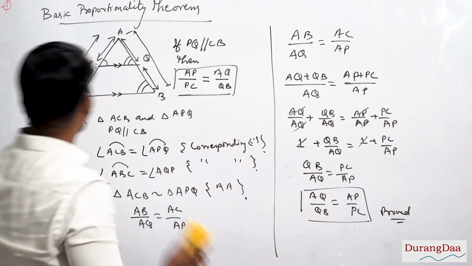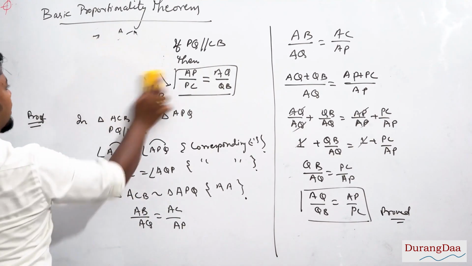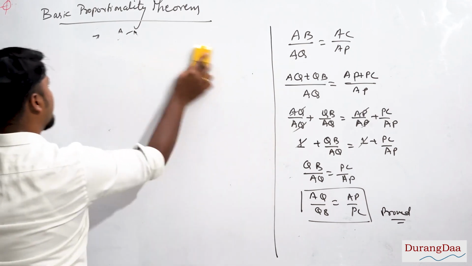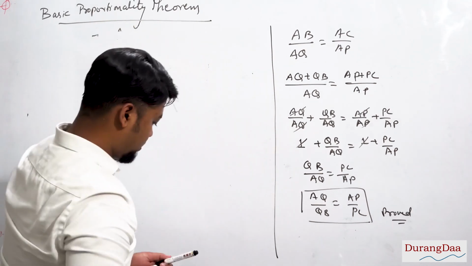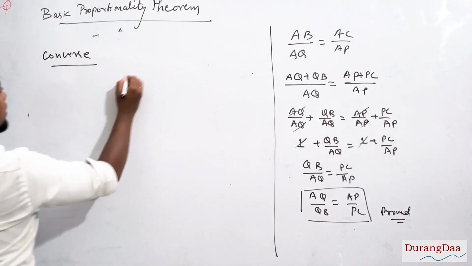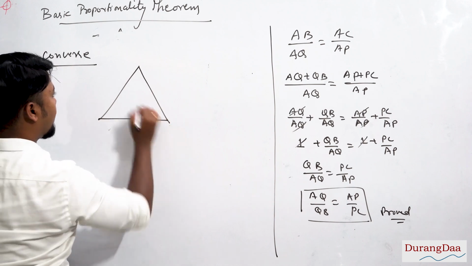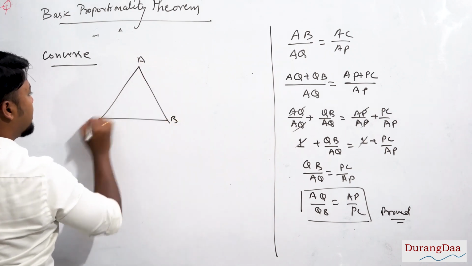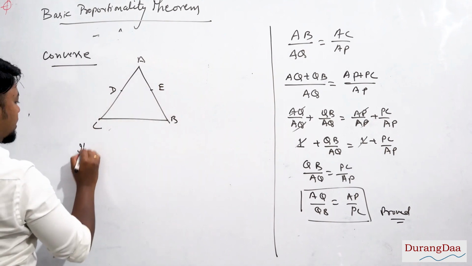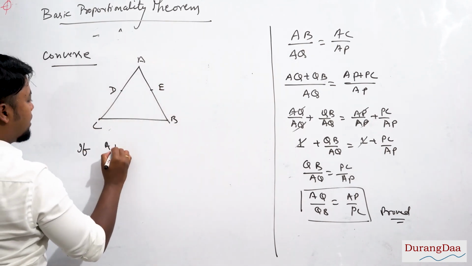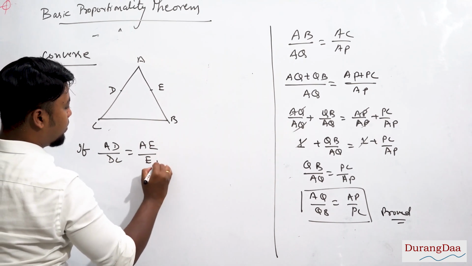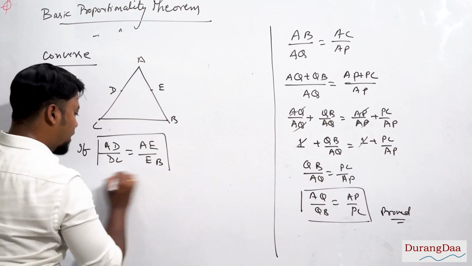It simply means that if there is a triangle and the ratio has already been provided, that is the converse theorem, just pay attention. Suppose again a triangle is provided, A, B, C, this is point D, this is point E. If it is mentioned that AD by DC is equal to AE by EB, that means this ratio is provided.